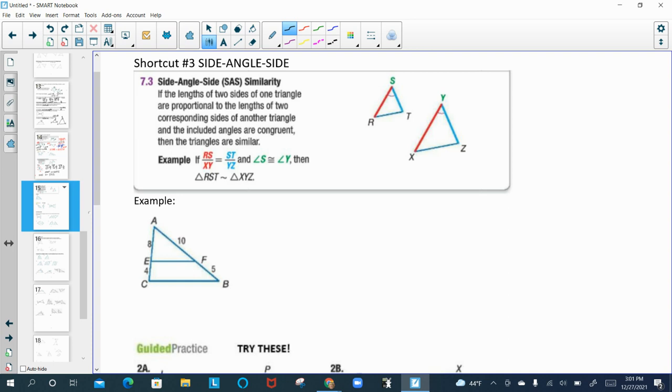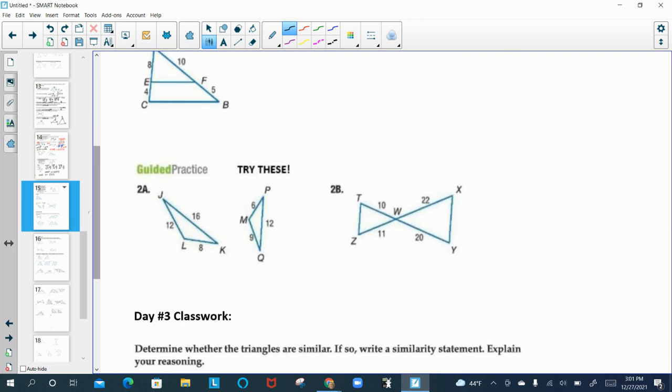So let's take a quick look. This one I want to reserve for doing in class. This one, 2B, is just like the one that we just did, where we have vertical angles. We have a 10, which is small, a 20, which is small. We have an 11, which is medium, and we have a 22, which is medium.